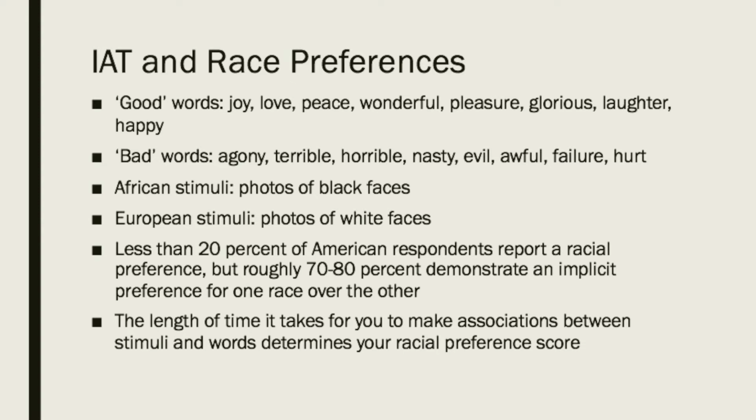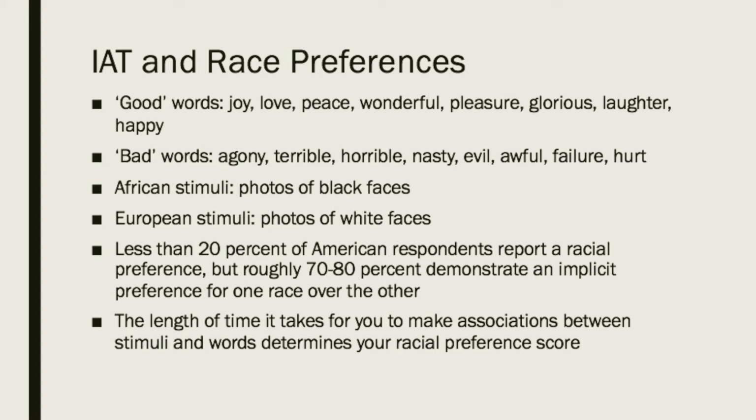During the test itself, you will be asked to make associations between, for example, white faces and positive valence words and black faces and negative valence words, followed by another round of associations, but this time reversed. That is, you'll be asked to associate white faces with negative valence words and black faces with positive valence words.